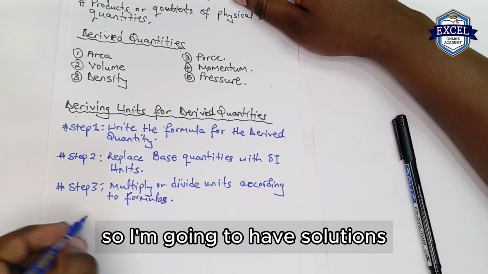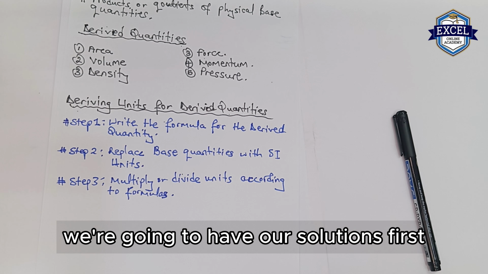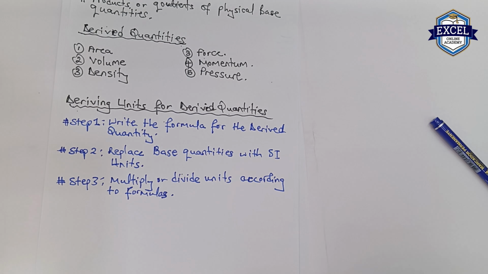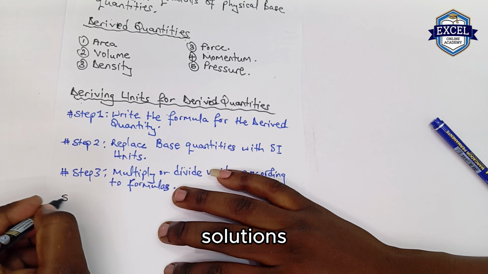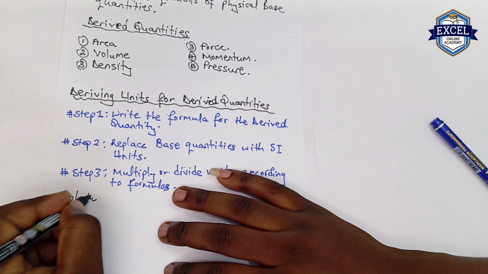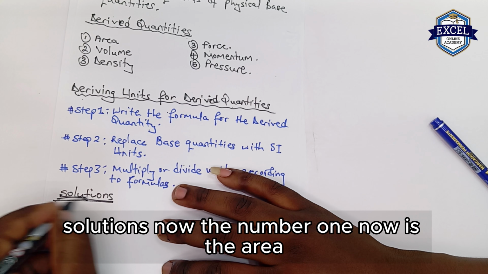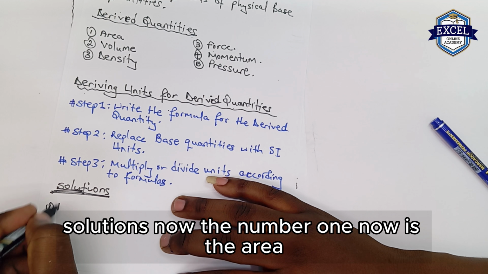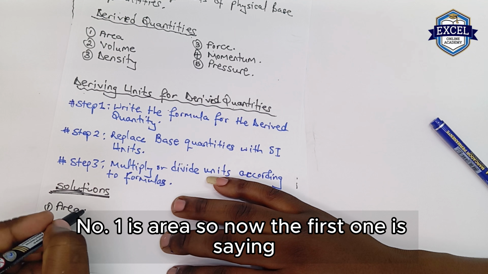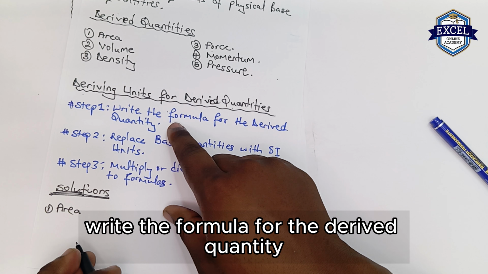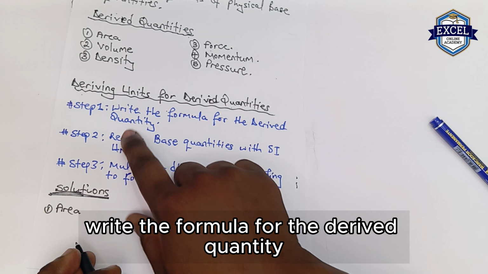So we're going to have our solutions, the first one being the area. Number one is area. So now, the first step says write the formula for the derived quantity.